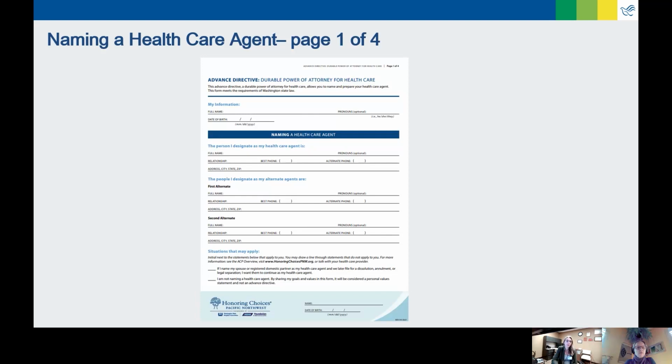So at the very top, it says my information. There you'll put your name, your pronouns if you prefer, and then your date of birth. And then below that blue box where it says naming a healthcare agent, this is where you'll name, it gives you a space to name one primary person and then 2 alternate agents if you wish.